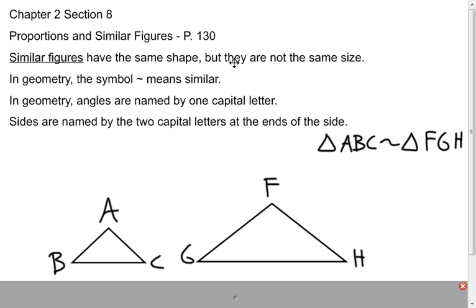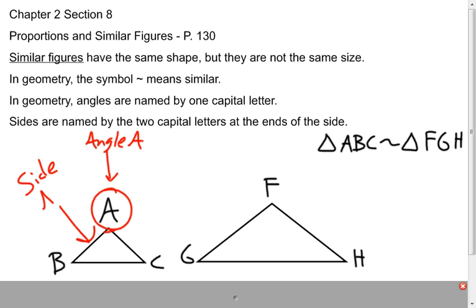A couple things here. Right here, this part of the triangle would be angle A. It's named by one capital letter. I'll just write that in here. Angle A. This side over here would be side AB. A side is named with two capital letters, the capital letters that are on each end of it.